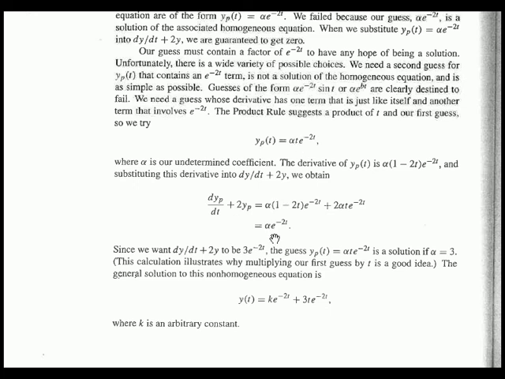But you end up with alpha e to the minus 2t, which is good because, remember, we want this to come out to be 3e to the minus 2t. So we just take alpha equal to 3, and there's our particular solution, 3t e to the minus 2t. And to that particular solution, we have to add the general solution of the homogeneous equation to get the general solution.